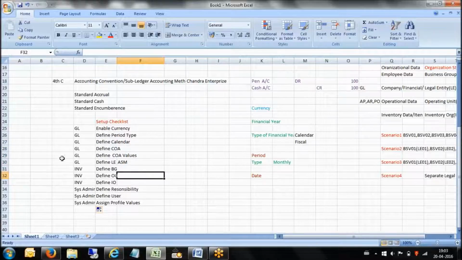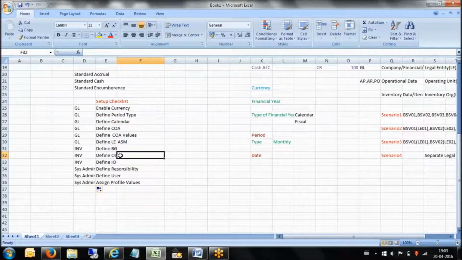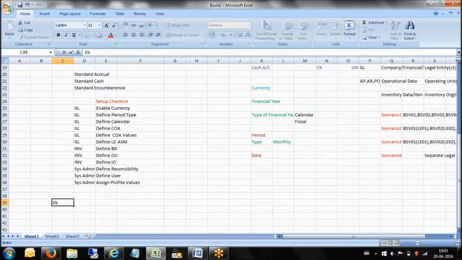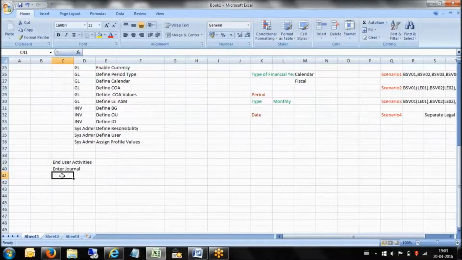Now, once you are done with this basic configuration, you need to learn end user activities. How to enter journal or vouchers. How to post them. How to reverse them if need be.